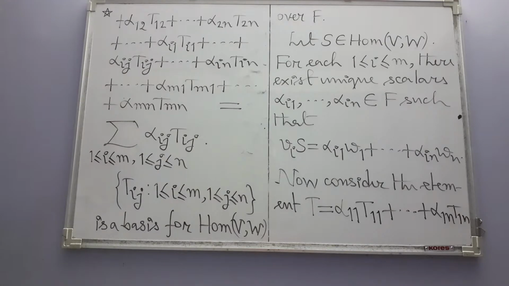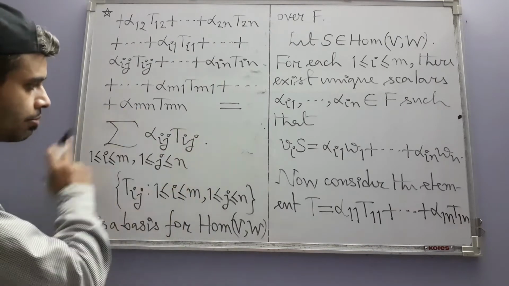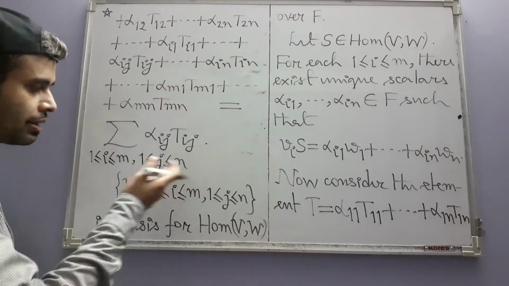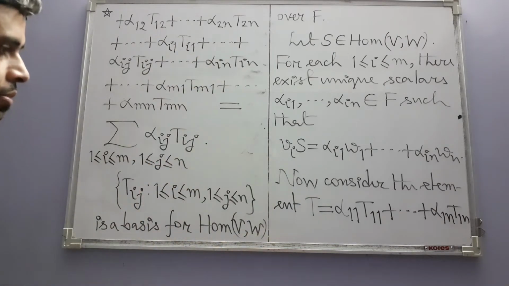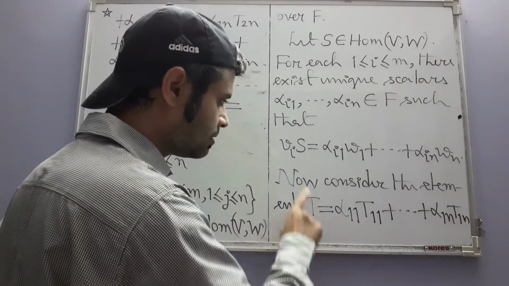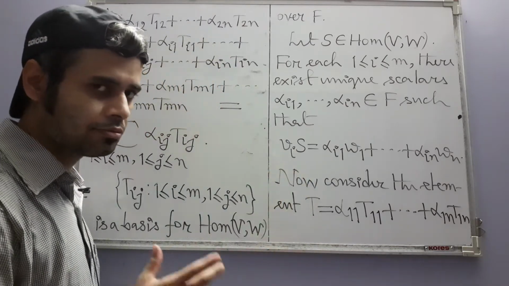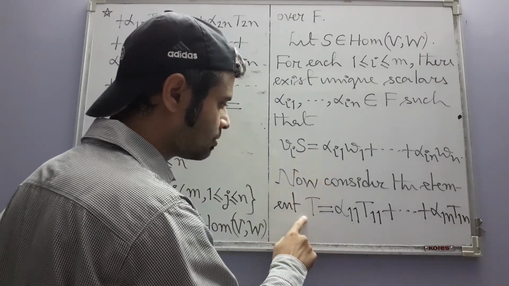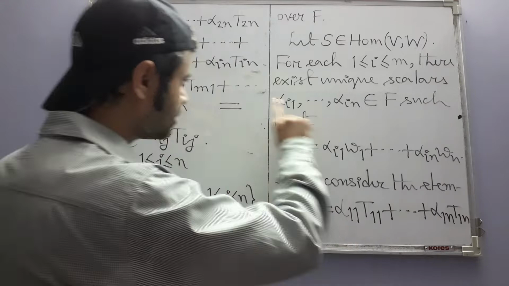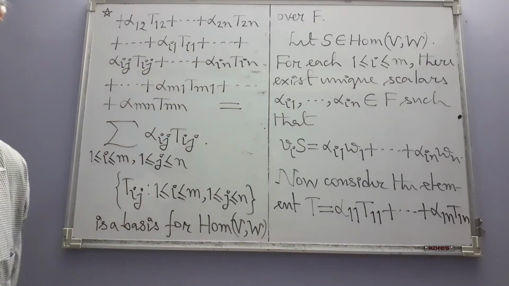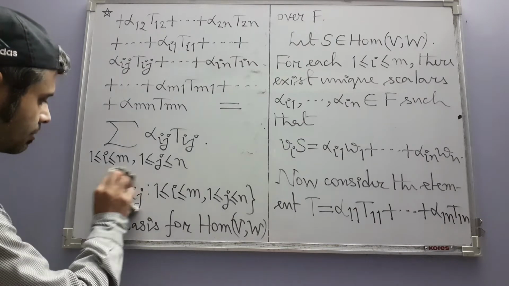This looks like an abstract symbol. It is much less clear than this, but you understand what this thing is. Now our aim is to show that actually this T is equal to S. So what we will achieve is this: if we can show that S is equal to T, then S becomes a linear combination of the Tij's, and that's what we want. So now we are going to show that.